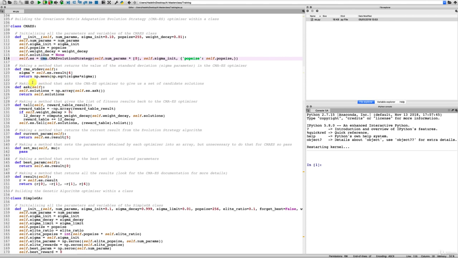However, you still have the common process among the evolution strategies, with the ask method, the tell method, and the method that returns the current parameters and best parameters from the set of sampled solutions. But if you want to have all the details of how this CMAES evolution strategy was built, you will need to find the open source code of that class, which you can do.